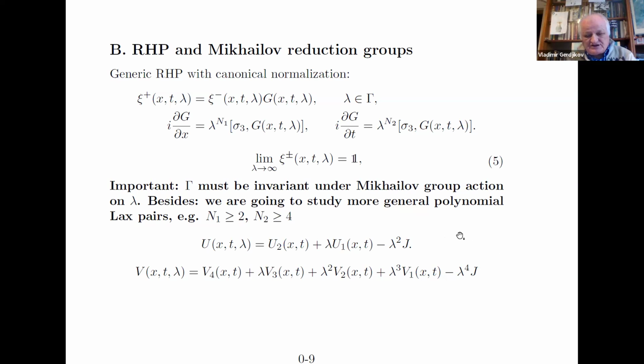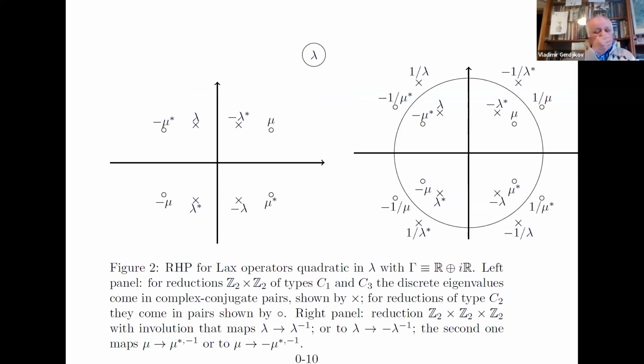J is related directly to the Cartan involution. In this case, we are looking now at the left picture here. The contour of the Riemann-Hilbert problem will be the union of the real and imaginary axes.